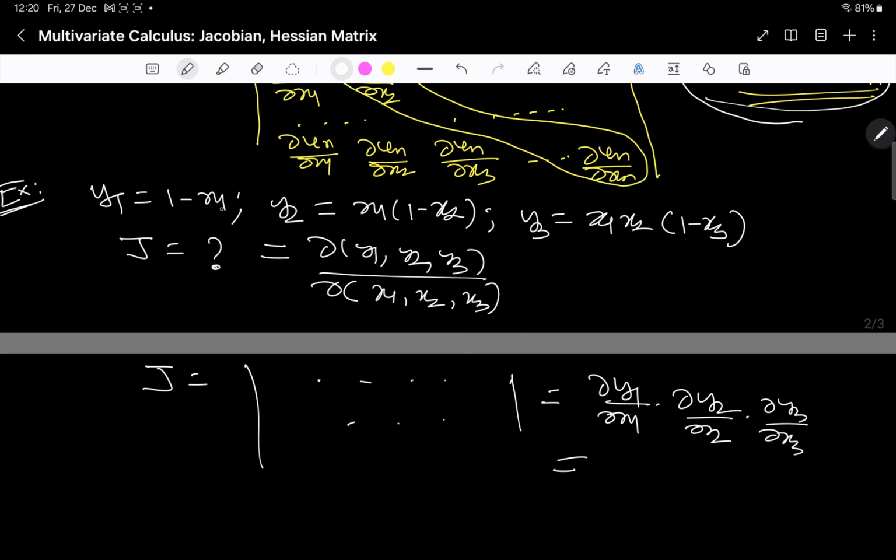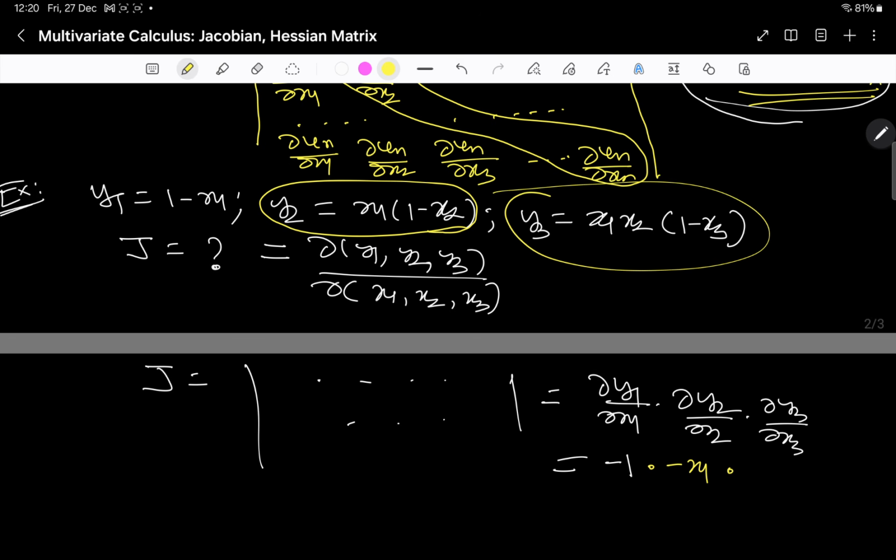And del y1 by del x1 is minus 1, and del y2 by del x2, if you differentiate it with respect to x2, is minus x1, and if you differentiate y3 with respect to x3, it is minus x1 x2.